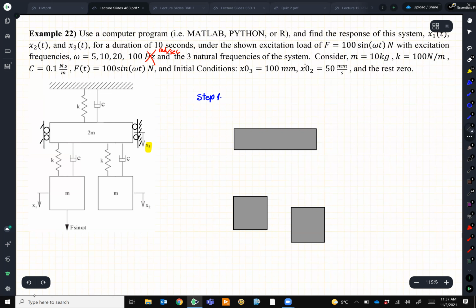Because we intuitively get a feeling that this 2m is more like a beam or like a bar, and it's going to tilt. But when the question tells us that there is only x3, it means already it is inside the rail and it can only move up and down without tilting. Example 23 is an example where this 2m can also tilt. All right? That's the next thing to be worried about.